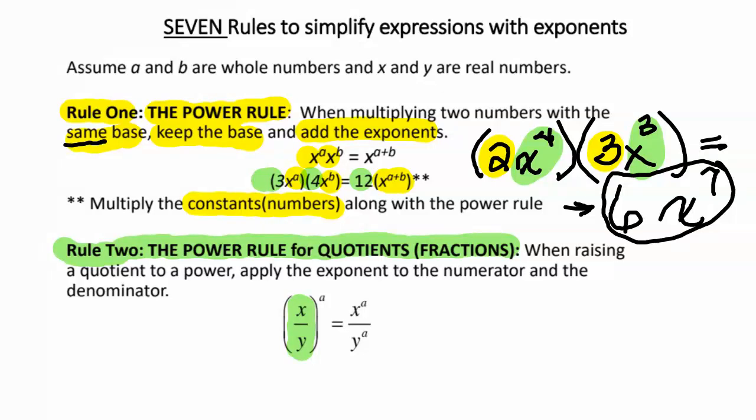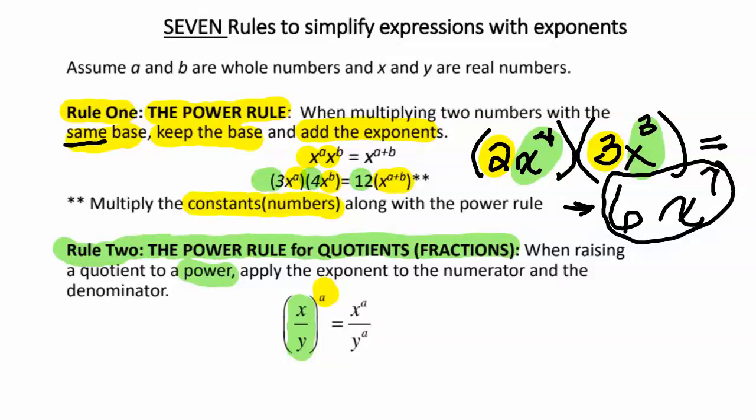This is why it's called the power rule of quotients, because my numerator and denominator are not the same number. But when raising the quotient to a power, and that power happens to be the power outside of the parentheses, I am basically having to know that my exponents are multiplying. And you're going to say, what?